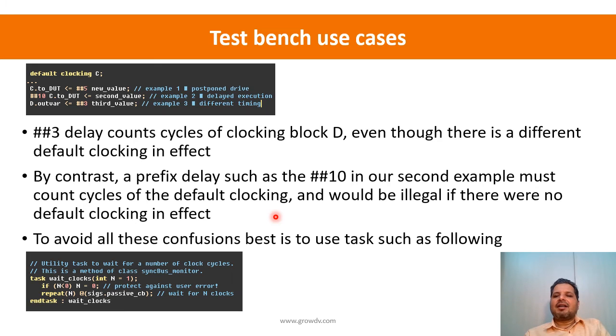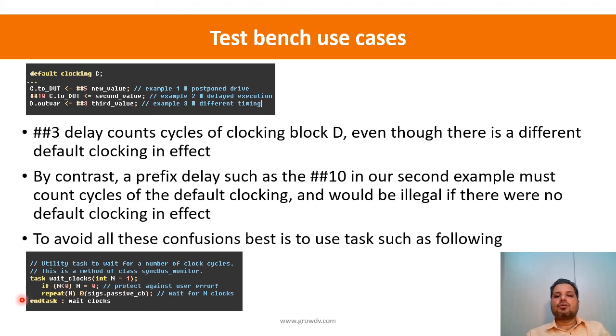And generally, one of the recommended practices, to avoid the confusion of figuring out which default clocking event is active while driving through another clocking block when we wanted a different clock-based delay, is to implement a wait-for-clocks type of task.